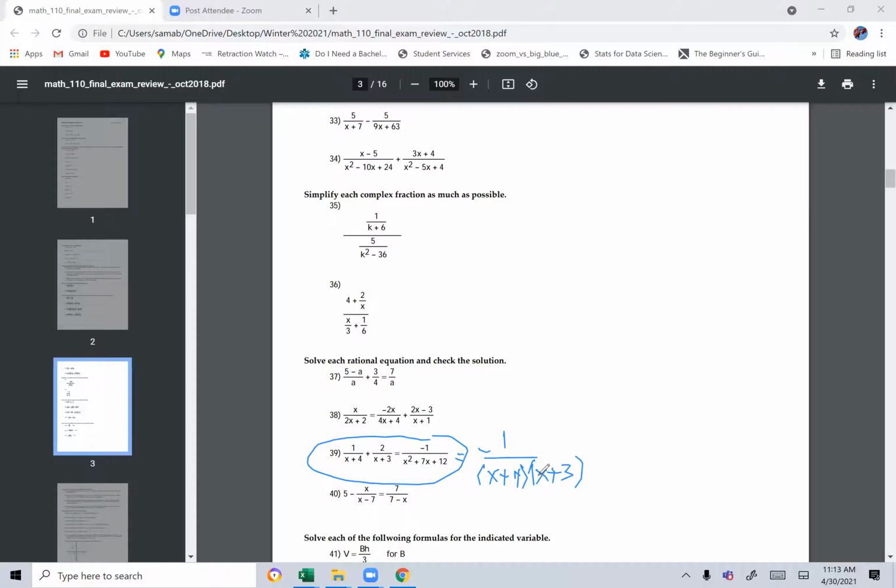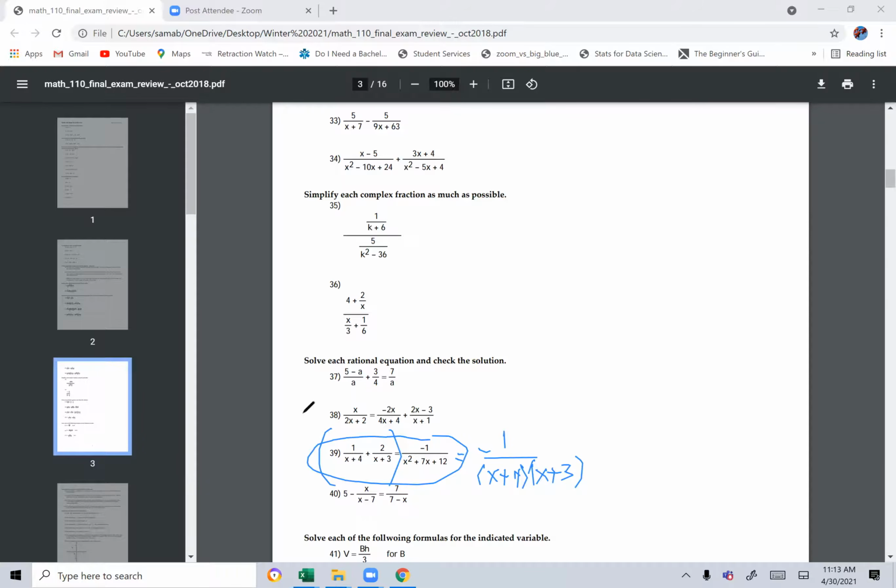All right. To solve a rational equation, guys, multiply both sides by the least common denominator. The common denominator for the left and for the right will be x plus 4 times x plus 3. So you're going to multiply the left side by x plus 4, x plus 3, and you're going to multiply the right-hand side by x plus 4, x plus 3.